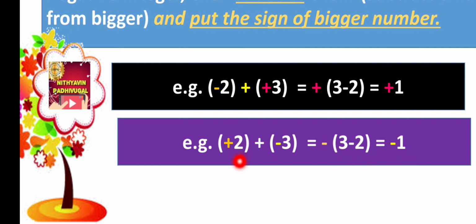See, from position 0, you are moving 2 steps forward and then you are moving backwards. How many steps? 3 steps. So totally at which position are you? How many steps have you reached from the starting position? 3 minus 2 is the numerical value with a negative sign, because you will be at a position which is backward to your starting position.